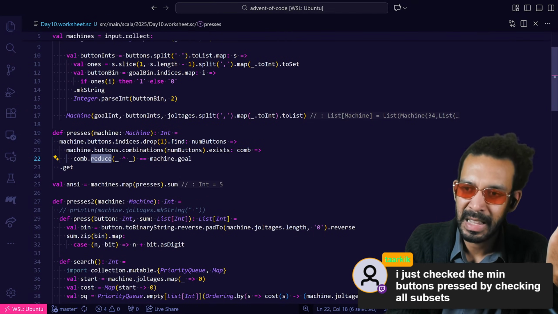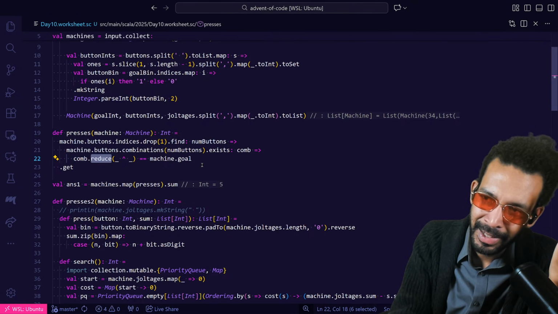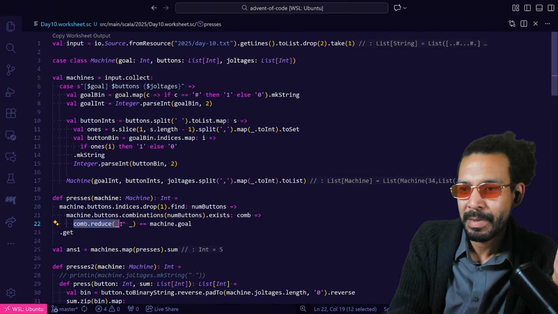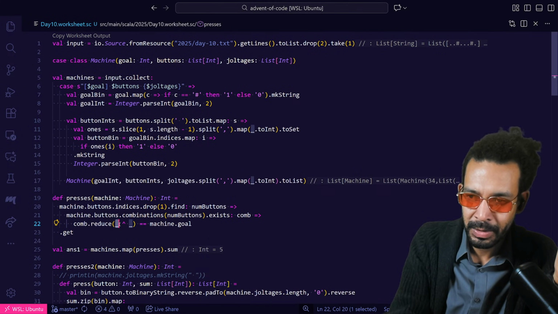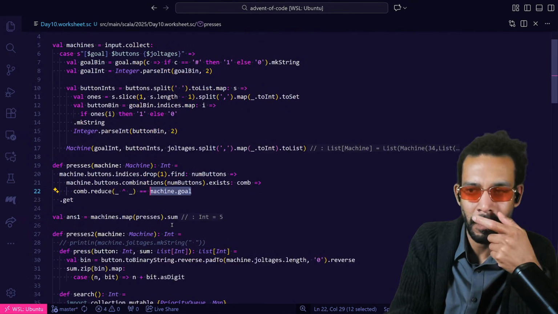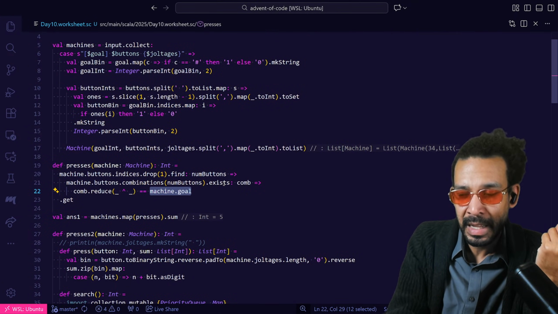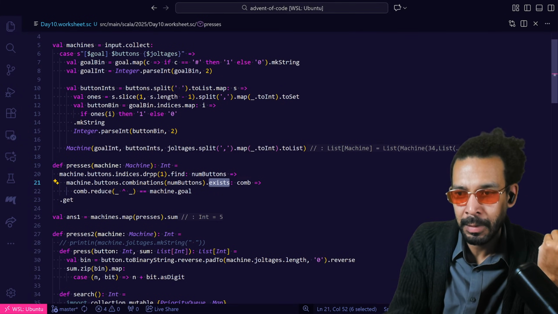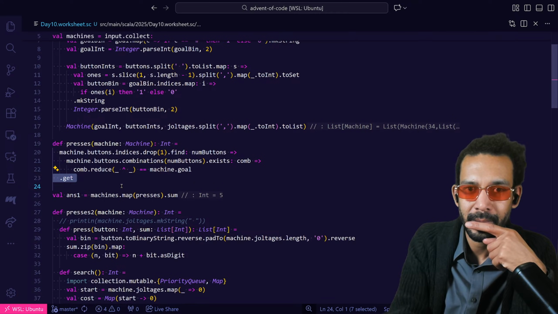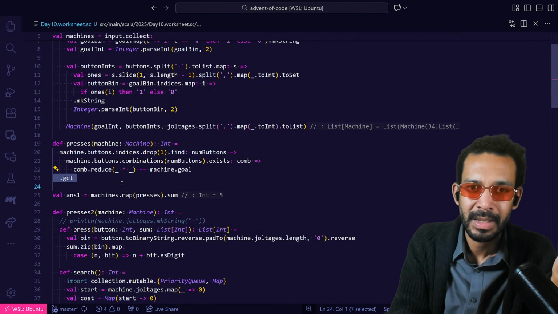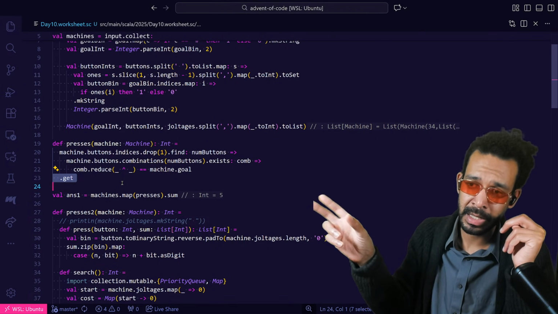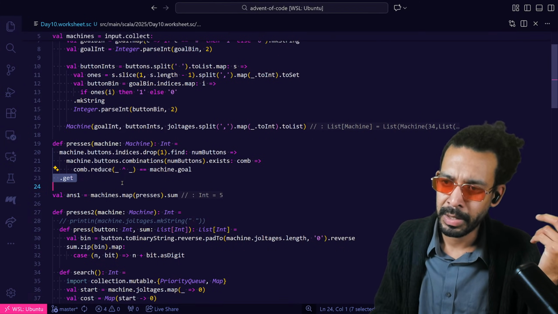We press all the buttons, and I had converted them to binary. My buttons were all integers, and I just reduced them with XOR and checked if that matched the goal. If there existed any combination of that number of buttons, then I would return that number. So I checked all subsets, starting with the small subsets, and that ran pretty instantly.